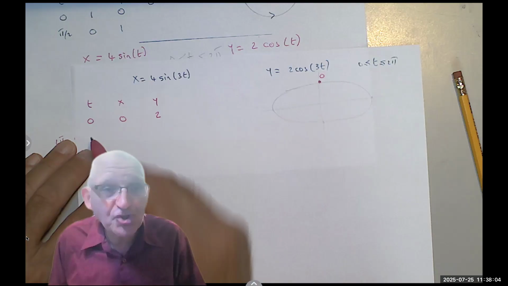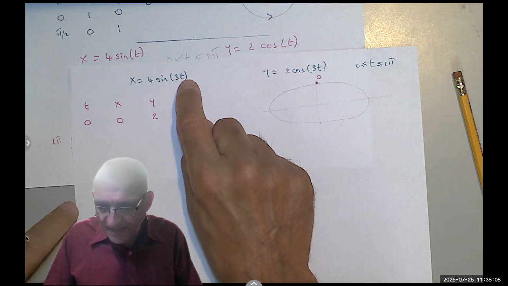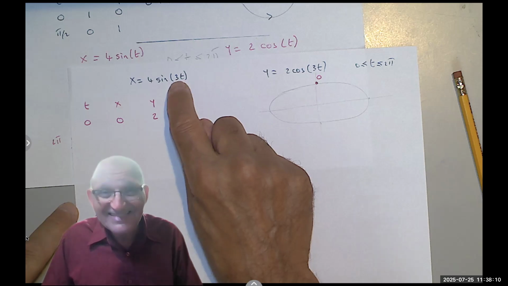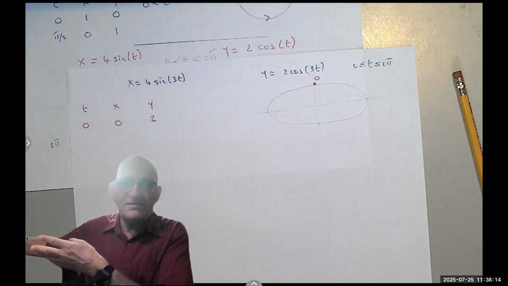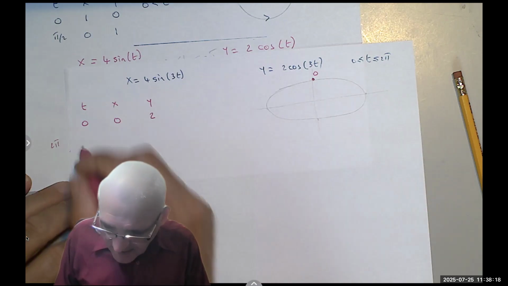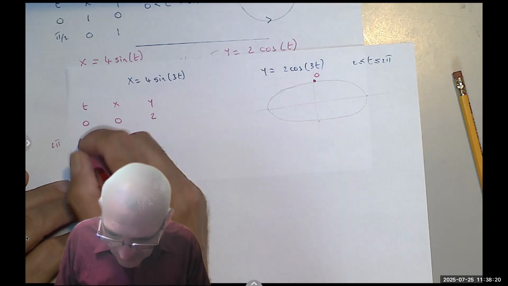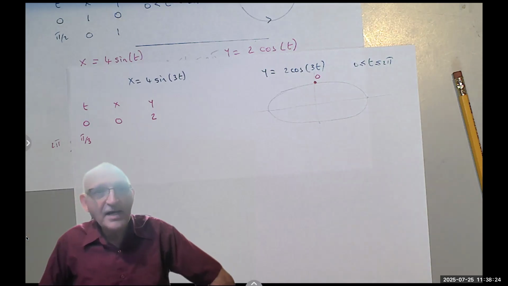I'm not going to jump to pi over 2. Why? Because if I say pi over 2, notice it's sine 3t. So I will be all of a sudden at 3 pi over 2. No, I don't want that. So let me say t is pi over 3. Why?